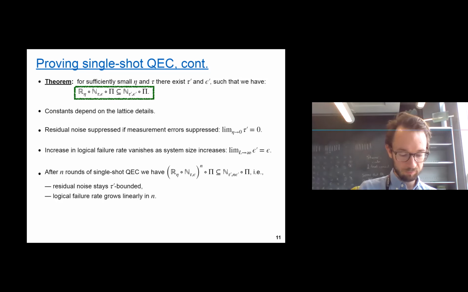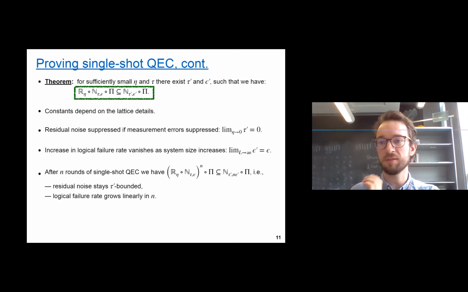To prove this, the gory details are all in the paper, but it's all about these channels, and proving what happens to tau prime as a function of eta and epsilon prime.